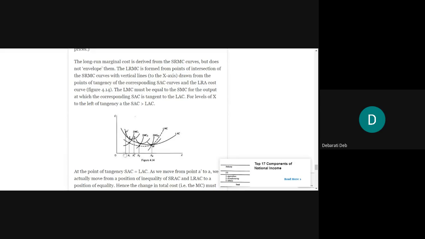So now when you draw the long run marginal cost, you have to make it pass through that point only, at which the equilibrium point M was achieved. Okay, at which the equilibrium point M was achieved. So you have to draw the long run marginal cost and make it pass through that region only. All right.